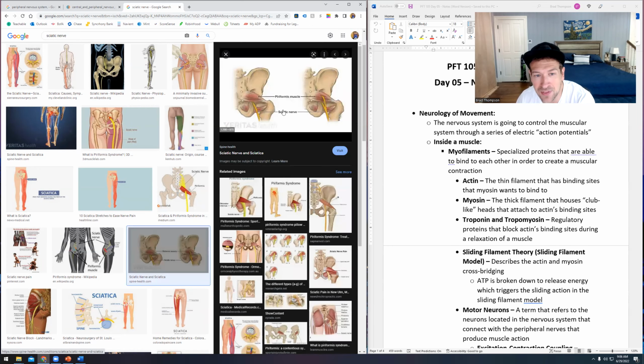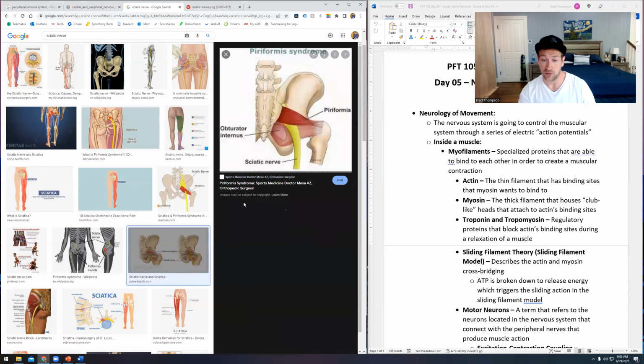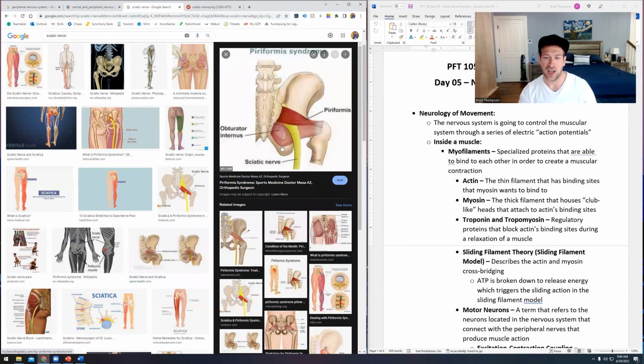But what can happen if this muscle gets really tight? In rare circumstances, you'll even see sometimes the sciatic nerve can run through that muscle. Every now and then people will be born that way. That is a hard fix. If you've had this pain your entire life, that could be the case. But generally what happens is this nerve bundle, a bundle of neurons, runs behind the piriformis muscle.